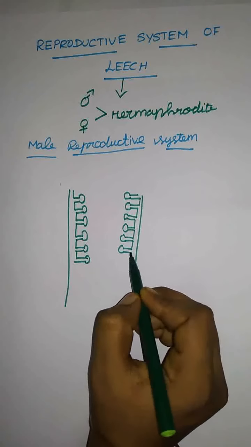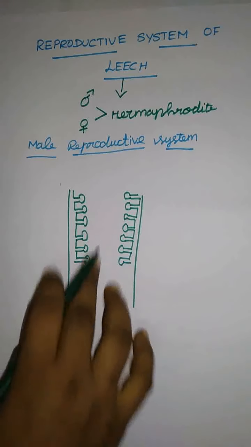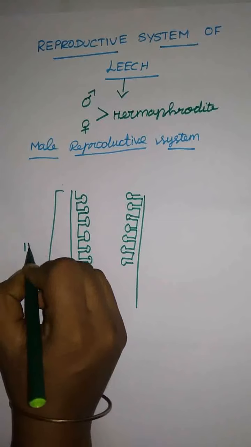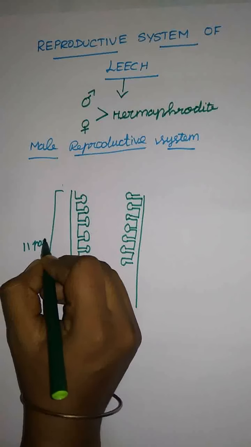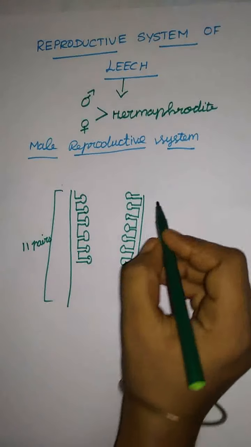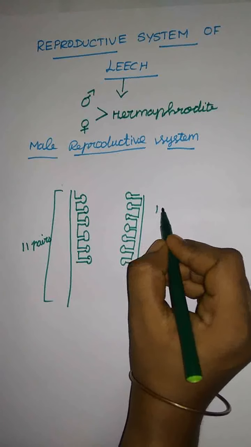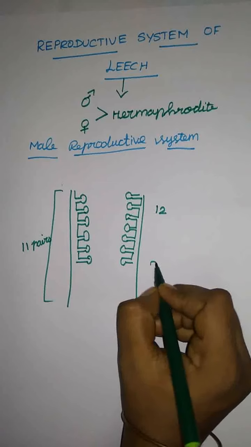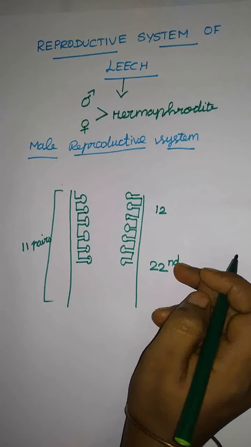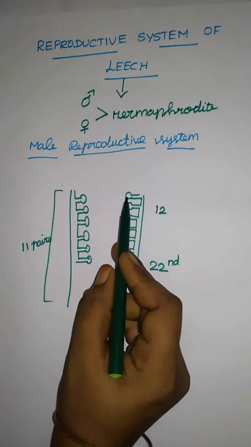Like this they have 11 pairs of testes, starting from the 12th and ending at the 22nd segment. From the 12th to the 22nd segment they have a pair of testes.